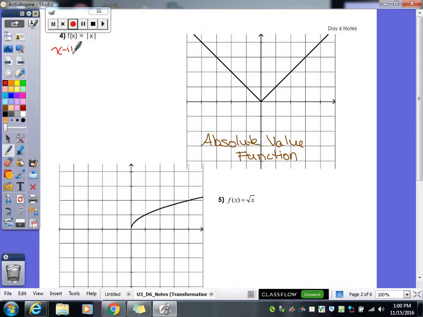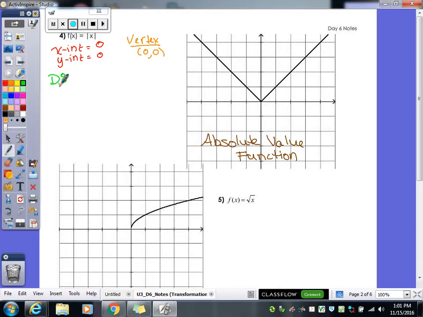What are they? Both 0. What also happens at 0, 0? Yeah, our vertex, also known as our turning point, right there at 0, 0.